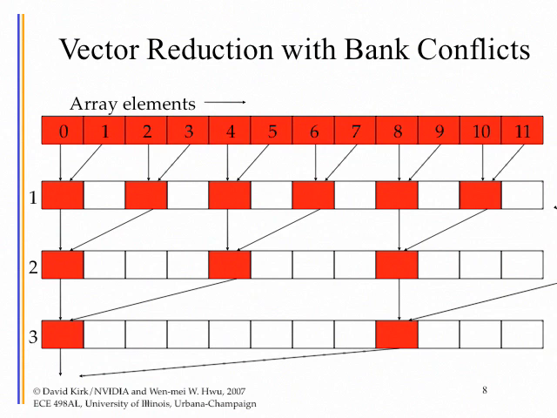So by the time you are done with that first iteration, you will end up with half of the elements left. You've already summed pairwise, so you have n over 2 partial sums. And then you will do another iteration where you add 2 partial sums together in each computation.